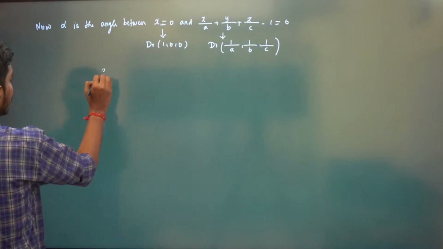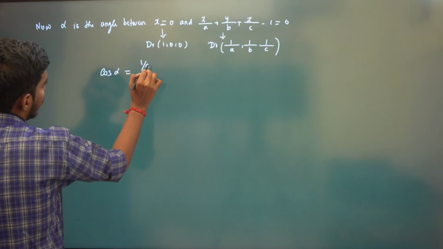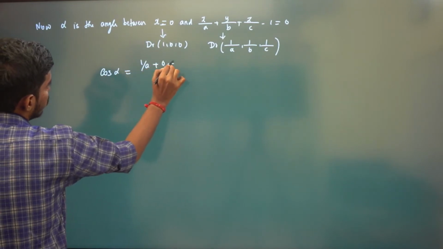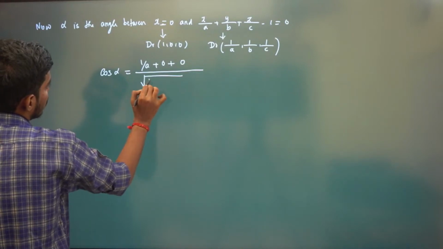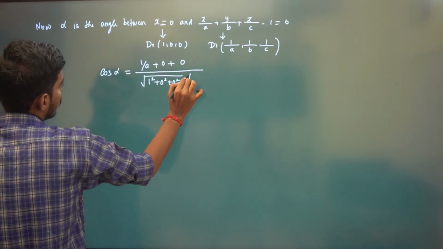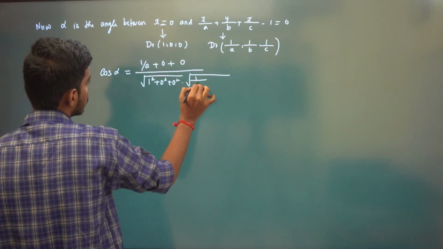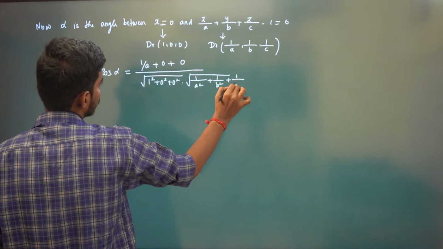So cos alpha is a1 a2 plus b1 b2 plus c1 c2 divided by root of a1 square plus b1 square plus c1 square into root of a2 square plus b2 square plus c2 square.